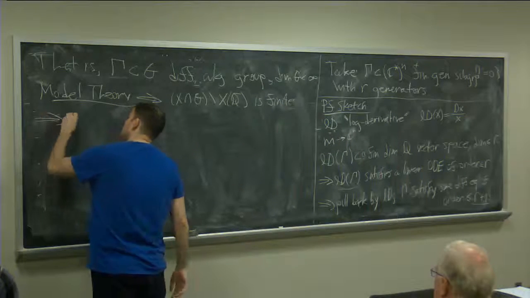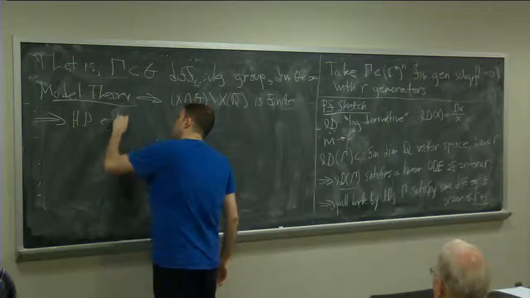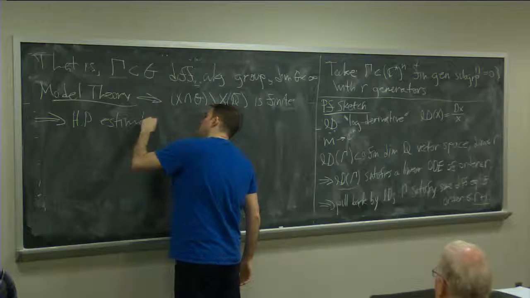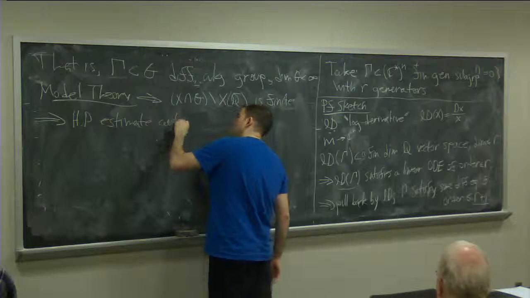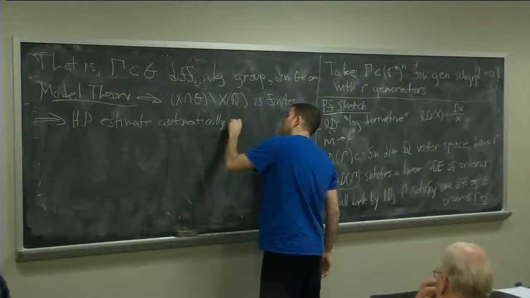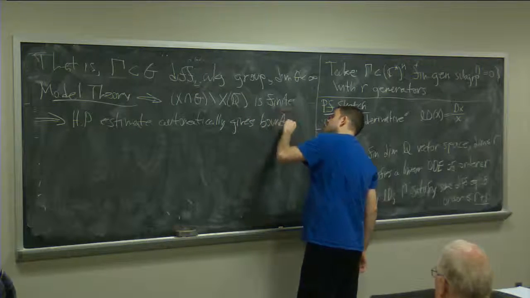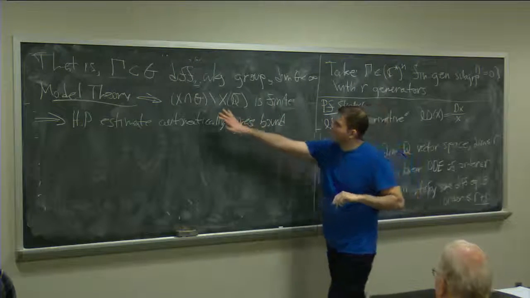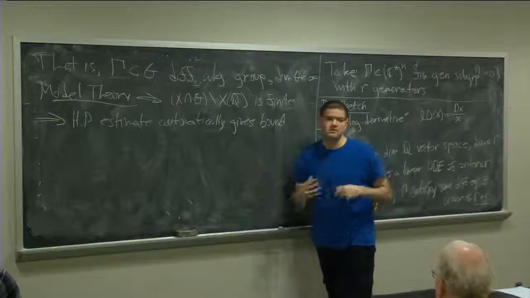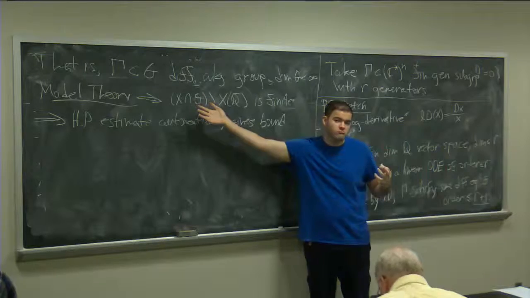Then this Hrushovski and Pillay estimate automatically gives a bound. Right? Because now this is already the kind of thing that Hrushovski and Pillay consider. X is just an algebraic variety.